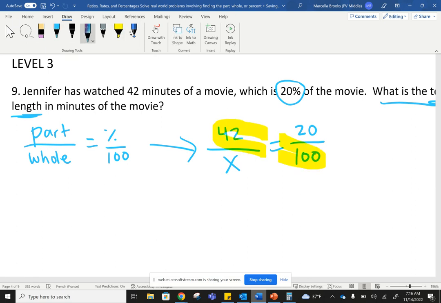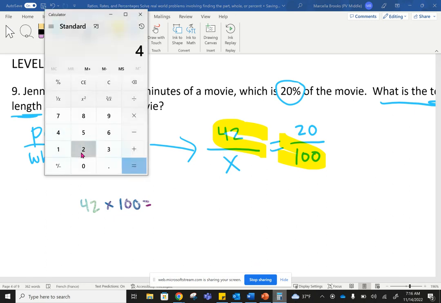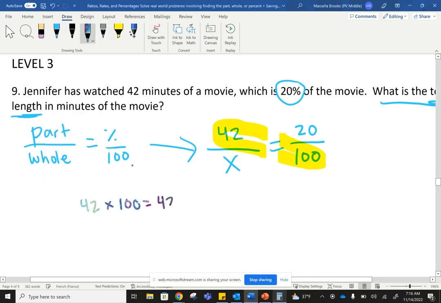So 42 times 100 equals what? 42 times 100 equals 4,200. And then we divide by the number that we have left, which is 20.